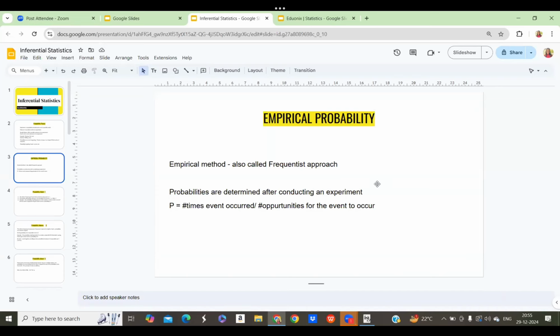Let's say you got head for 40 times. So 100 में से 40 times meaning 40%. So the empirical probability of getting head if we flip the coin for 100 times is 40%. Clear? Any question?